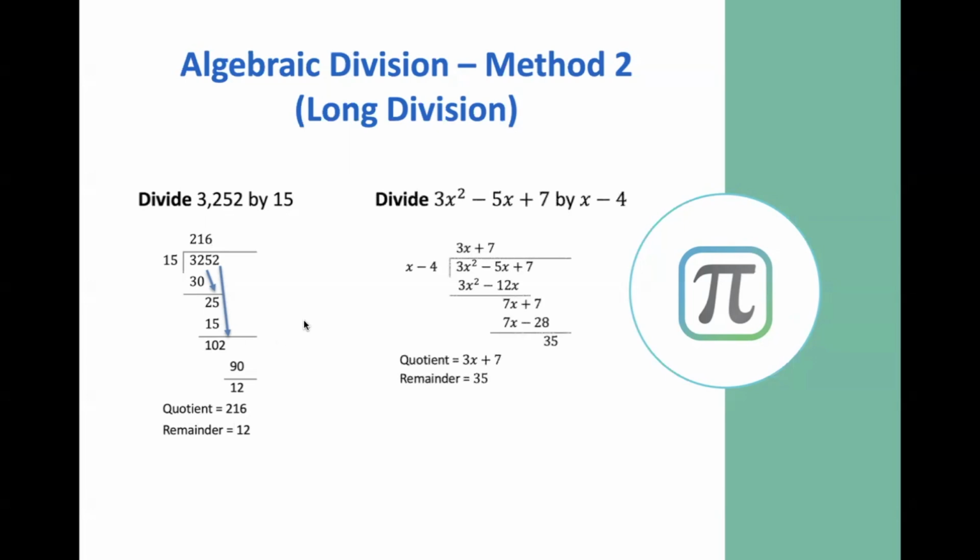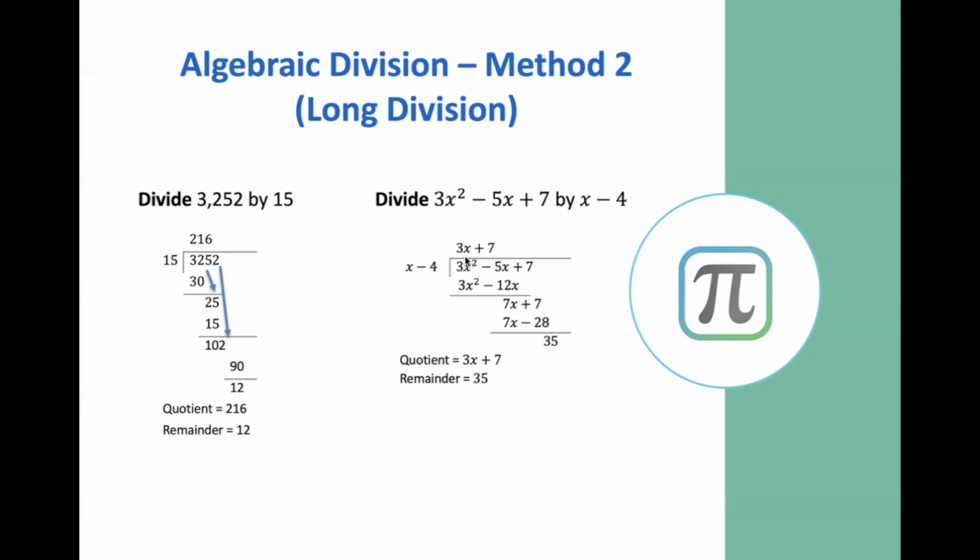We can take a similar approach with algebraic division. So in our example, we have divide 3x squared minus 5x plus 7 by x minus 4. We place our expression in the long division box and we put the divisor to the left. Okay? Now, if we're dividing 3x squared by x, then we're going to have 3x as our term.